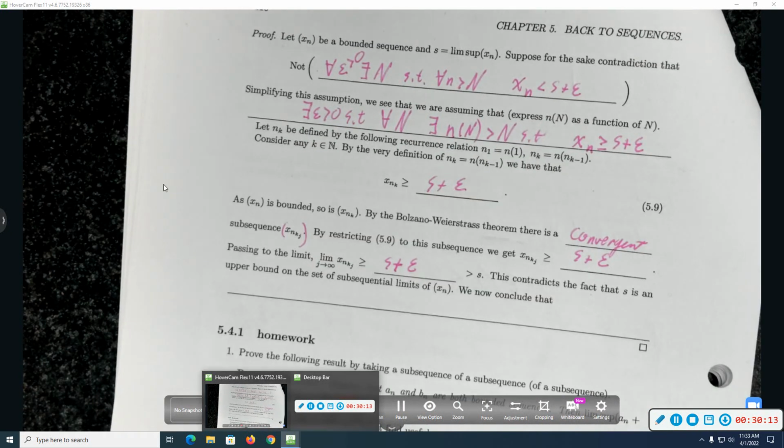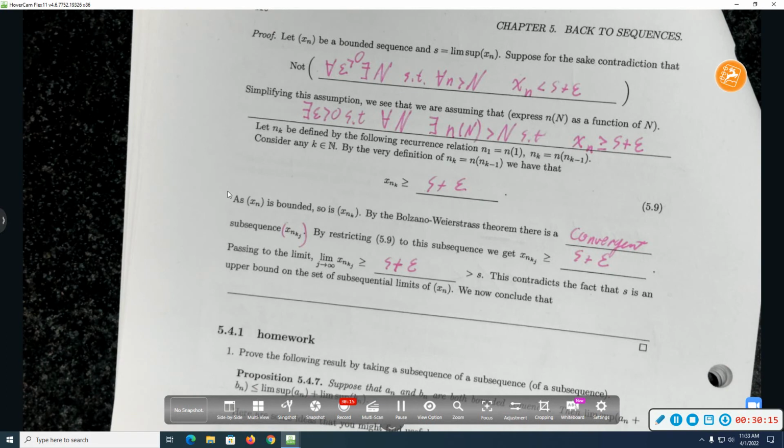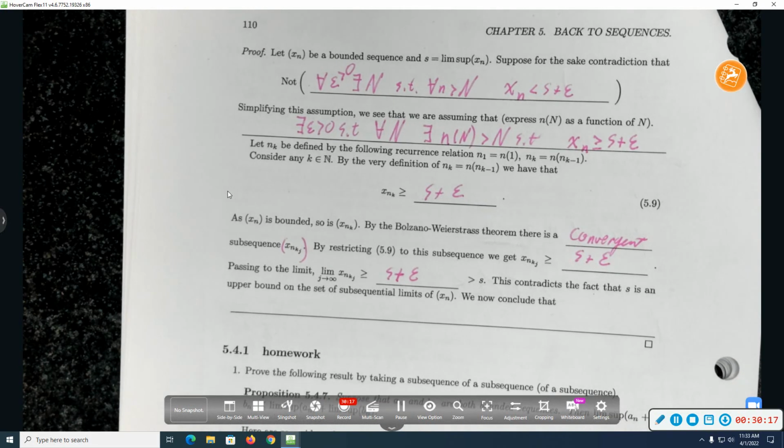And I'm writing right there that this is a contradiction. Why is that a contradiction? Because the limit superior is supposed to be the biggest subsequential limit.